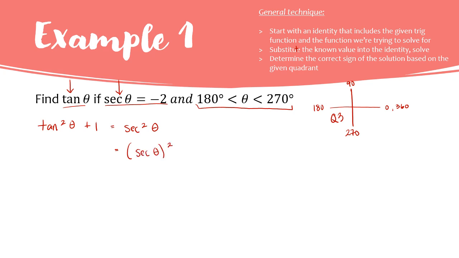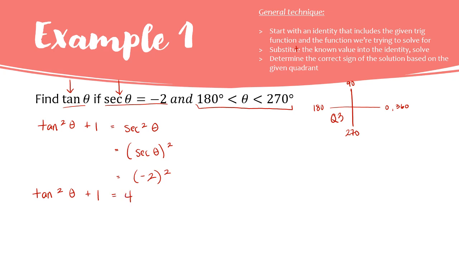That might help us see what we need to do more clearly. We plug in -2 for secant, and we need to square that to get secant squared. So -2 squared is going to give us 4. That makes our equation tangent squared plus 1 is equal to 4.